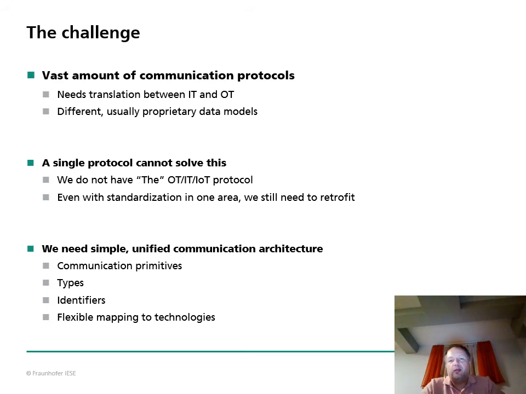The users in the end, they should not need to care whether a specific machine is connected to a specific network. As long as it is connected to this unified communication architecture, the gateways in this architecture will make sure that a requested message arrives at its destination.